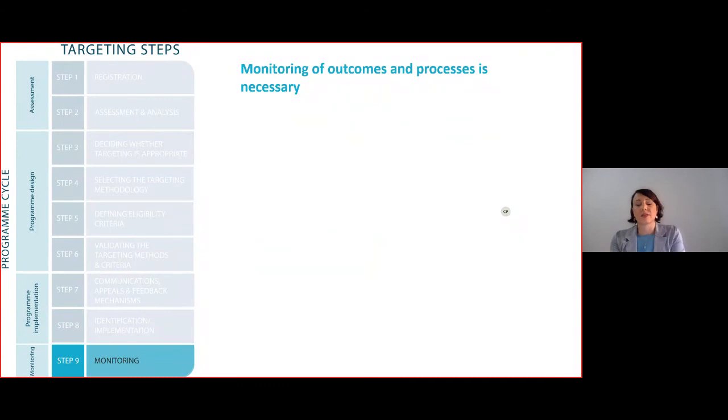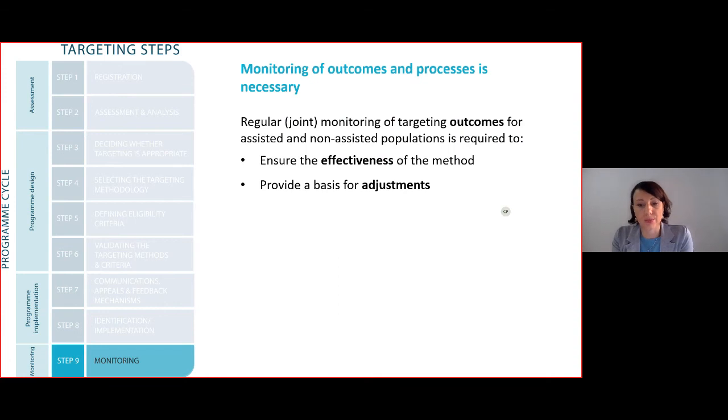So the last step is really necessary to understand if what we have built so far, and the targeting approach that we are implementing, is really working. So we need to monitor. It will be good if we can monitor jointly, if the targeting has been developed jointly, so we are all aware of the strengths and the limitations of the methods.